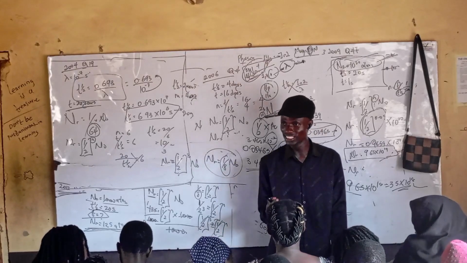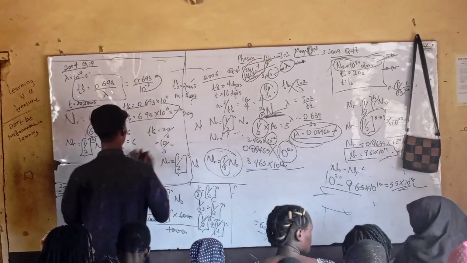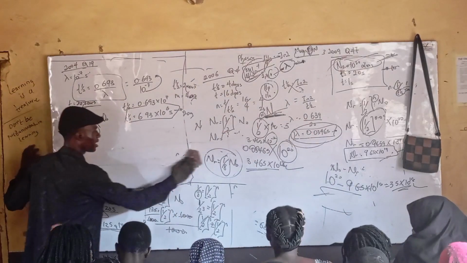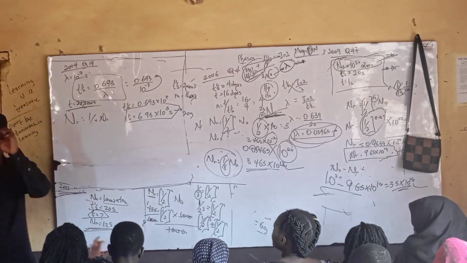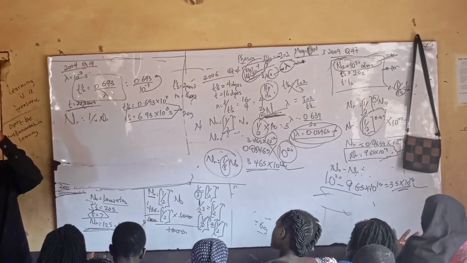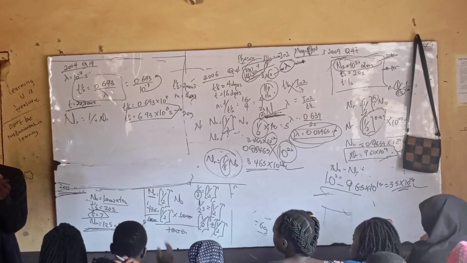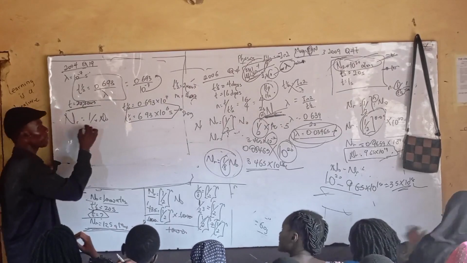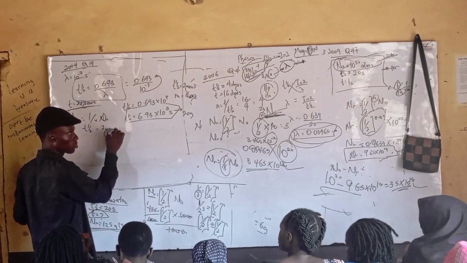Okay, let me explain. When I was explaining half-life, I told you that half-life means the time it takes for it to reach half. The time it takes to reach what? Half. Say the half-life of this substance is 2 years. The half-life of this substance is what? 2 years.